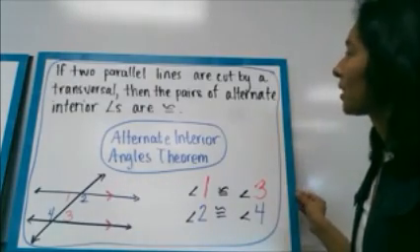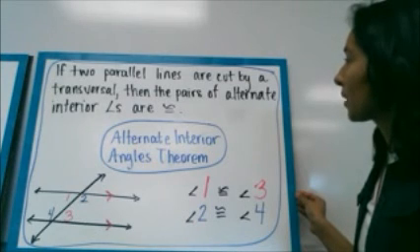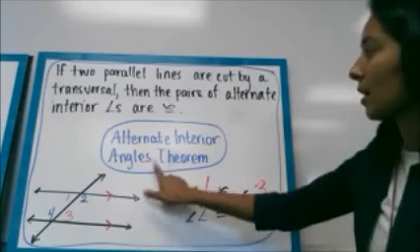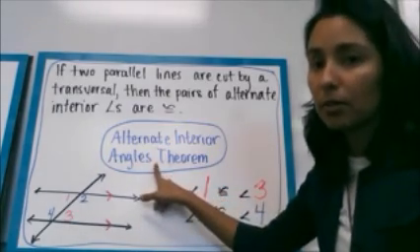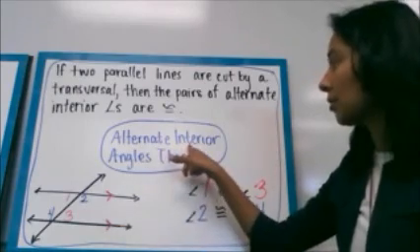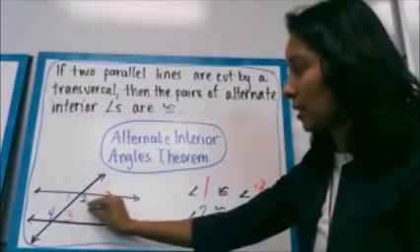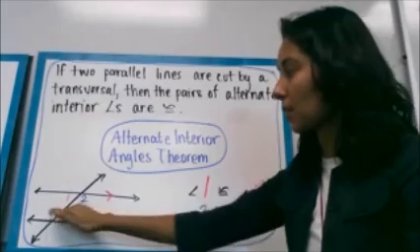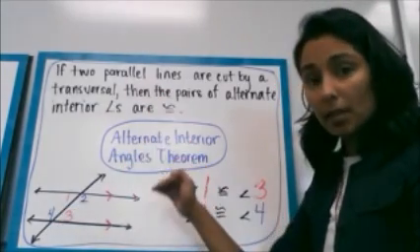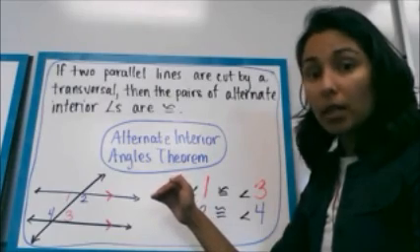Alright, so the next one. If two parallel lines are cut by a transversal, then the pairs of alternate interior angles are congruent. That's the alternate interior angles theorem. So that means, again, parallel lines. Interior means the inside. So inside the parallel lines, we're just looking at these four angles here. Alternate means on opposite sides of the transversal.